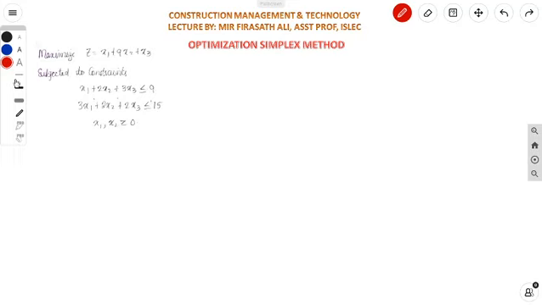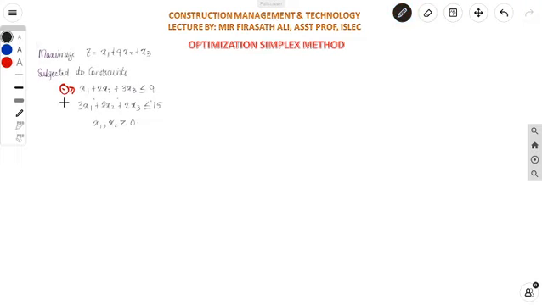The given question is: maximize z is equal to x1 plus 9x2 plus x3, and this objective function is subjected to the constraints. The first constraint given to us is x1 plus 2x2 plus 3x3 less than or equal to 9.